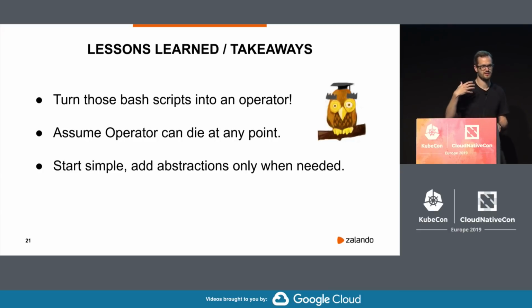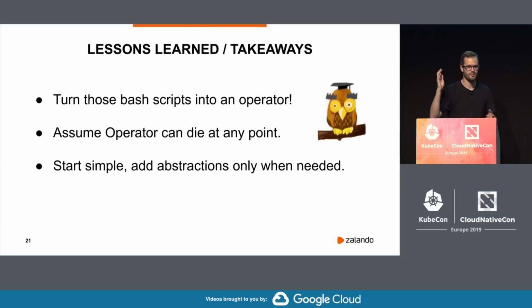Another thing that we learned, or that I kept saying to the other people in the team, is to assume the operator can die at any point. When you're writing the code, it's easy to say, okay, we just need to put something in Elasticsearch via the API, then we store this in a local variable in our Go program, and then we do the next thing.